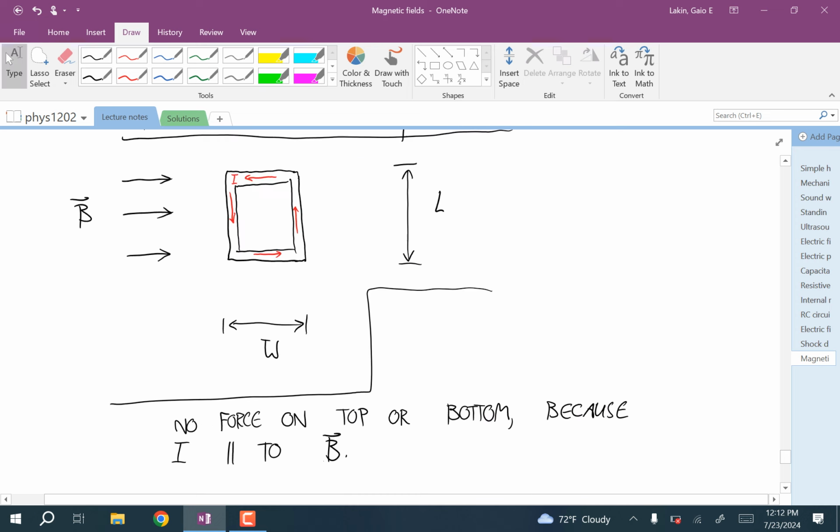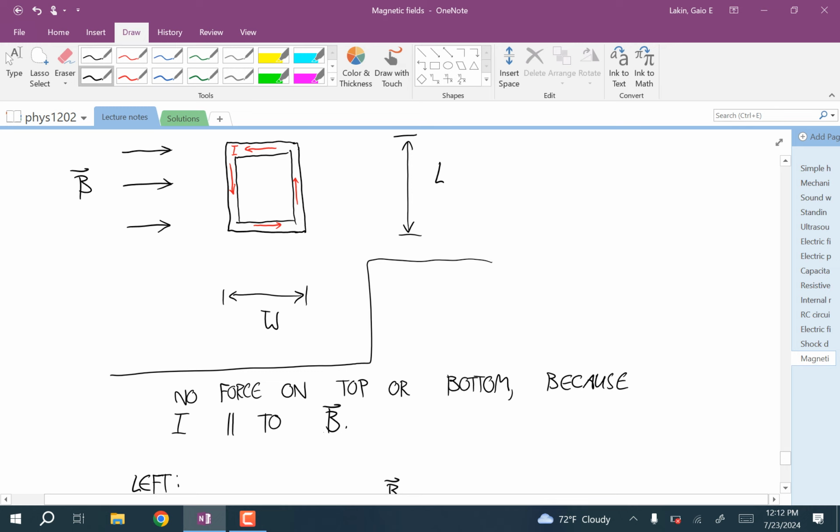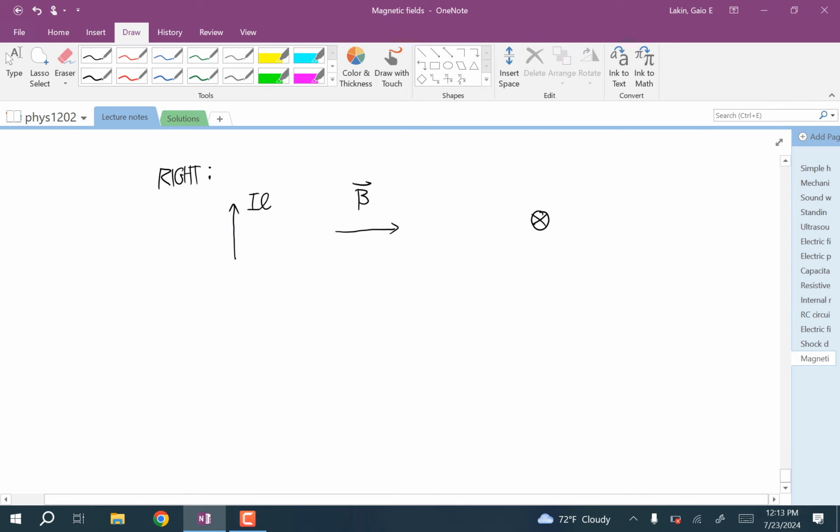Okay, well, what happens to this loop if you apply a force on the left out of the page and a force on the right into the page? You can see that this will rotate. So let's see if I can get this across. If you have a force coming this way on that side and a force going this way on that side, the result of this is that this is going to rotate that way.